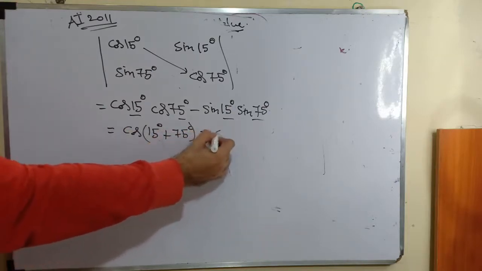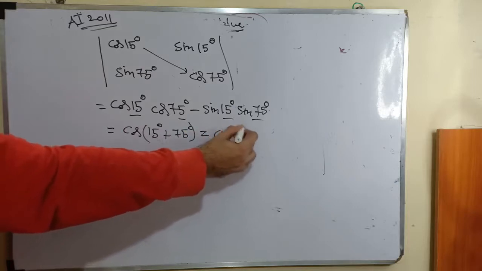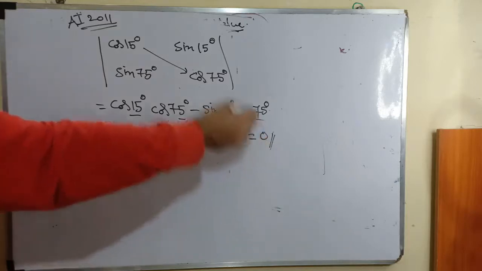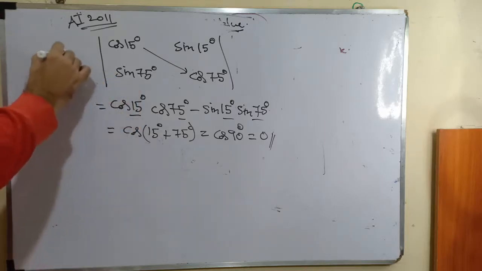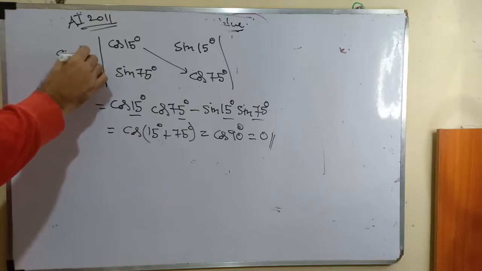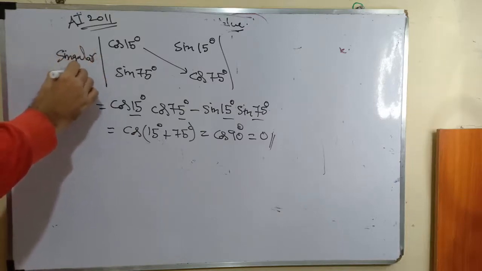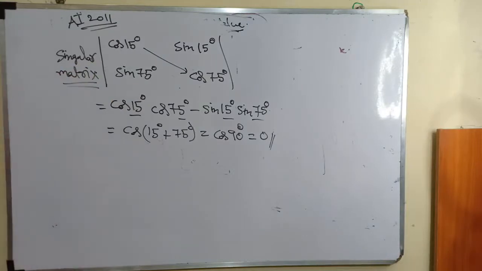So cos of 15 plus 75 is cos 90 degrees. Cos 90 value is 0. You can see this determinant is an example of a singular matrix. Hopefully you have noted all the questions. Okay, let's move on to the next question.